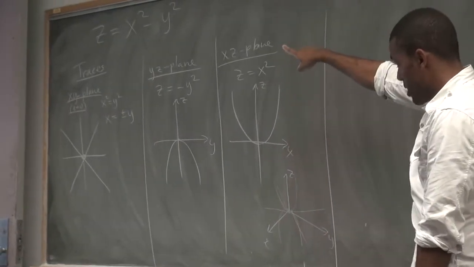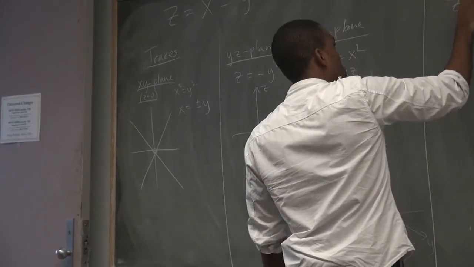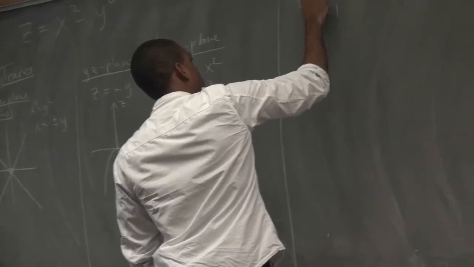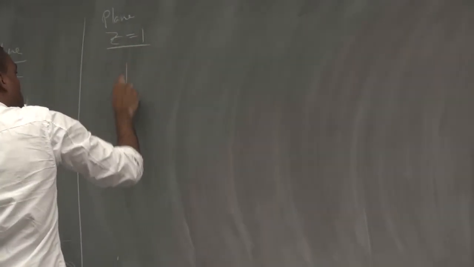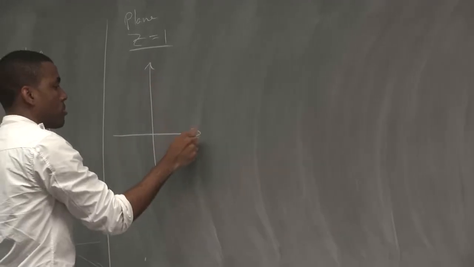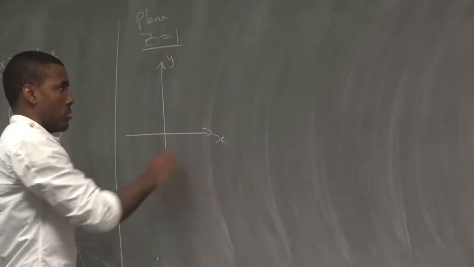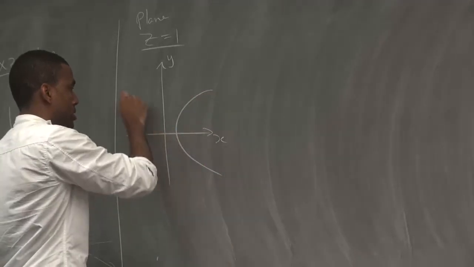So that reminded you of something and you told me it was an ellipse. So let's say in the plane z equals 1. What does it look like then? A hyperbola looks like this.